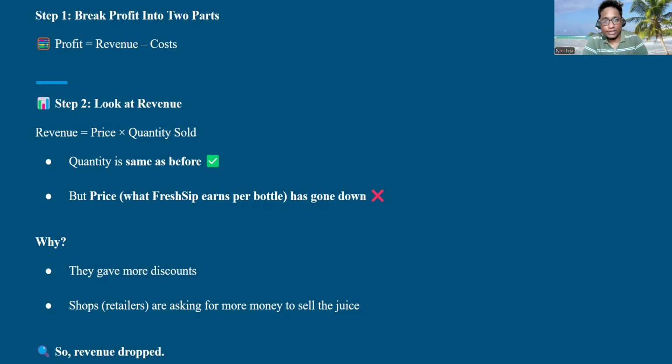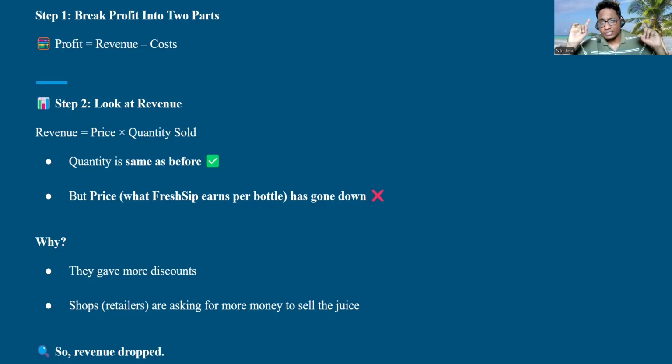Why? We will see why. So they gave more discounts. Because of giving more discounts, the price factor has fallen down. Even though the price is same, they are giving more discounts to the customers. So that is the reason why the margin per bottle has fallen down, right? This is the first point.